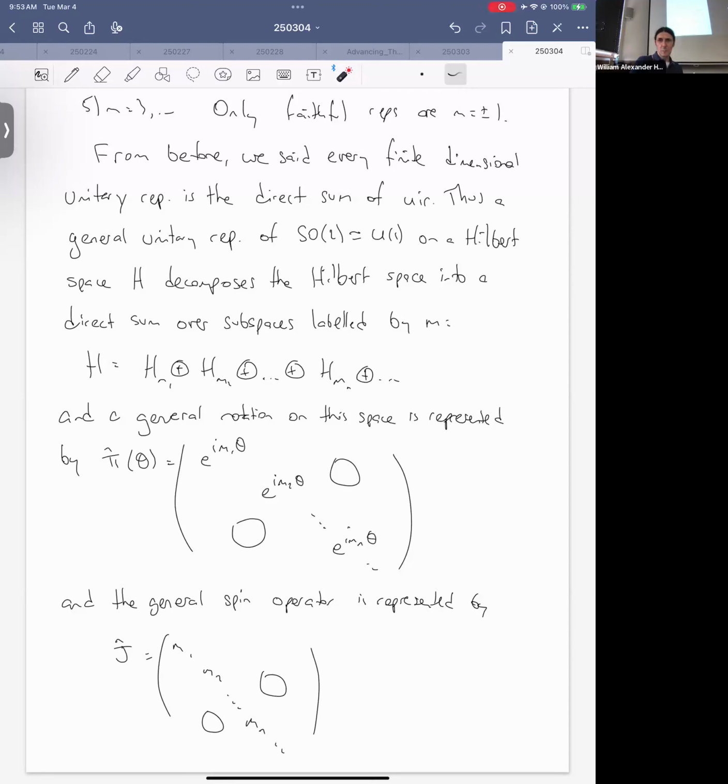Let me say some words that I'm not going to write down, because it's sort of good to know. And if I had infinite time, I would love to go through it carefully, but I don't have infinite time. So the point is that we can use these m's, these m kets, as basis states for decomposing any state.